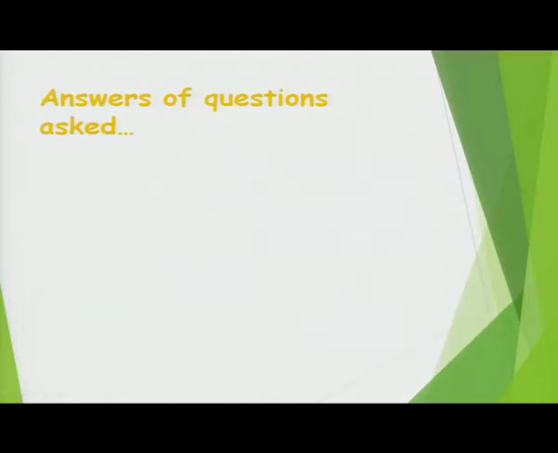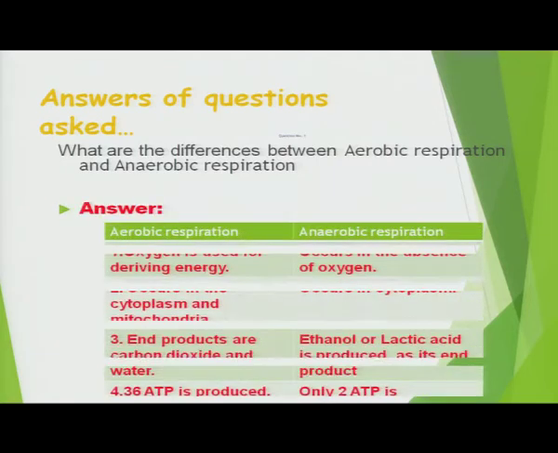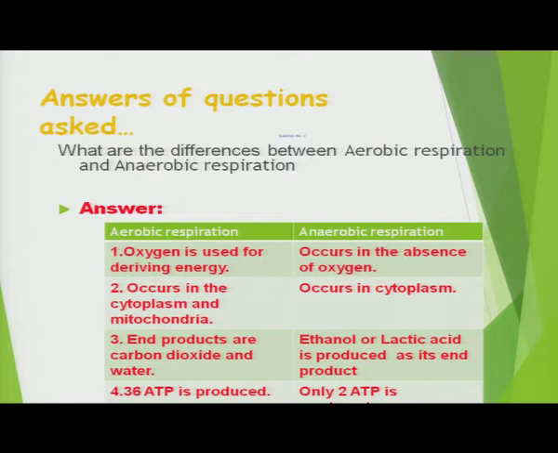Now, my next question was, what are the differences between aerobic and anaerobic respiration? Same thing here. Anaerobic respiration is also called fermentation. Aerobic respiration uses oxygen, while anaerobic takes place in the absence of oxygen.